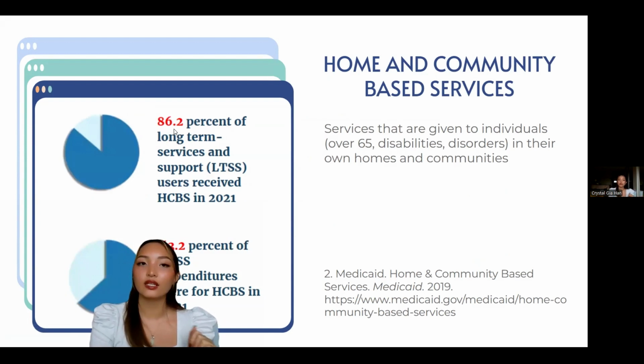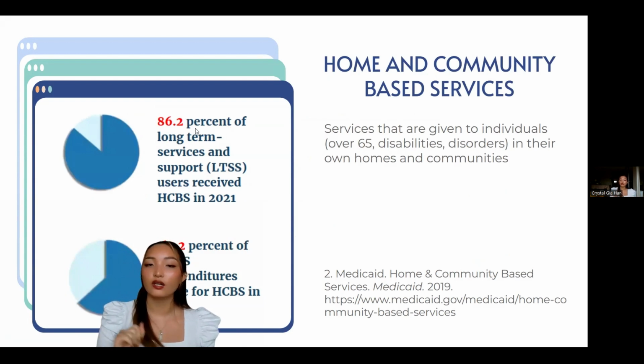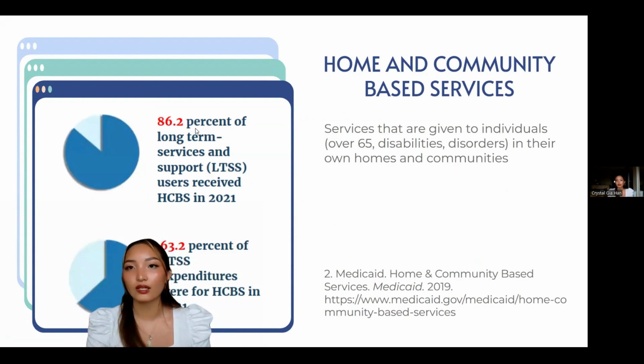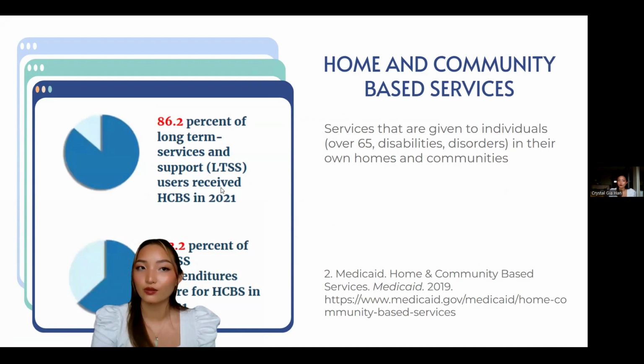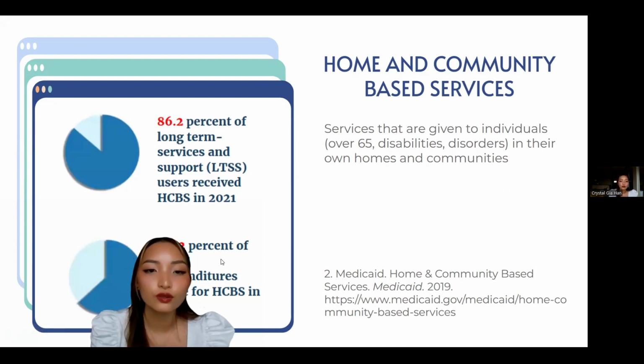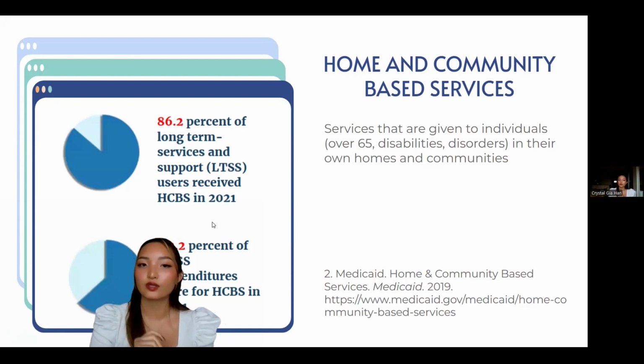Approximately 86.2% of long-term services and support users received home and community-based services in 2021. And also 63.2% of long-term services and support expenditures were for home and community-based services in 2021.